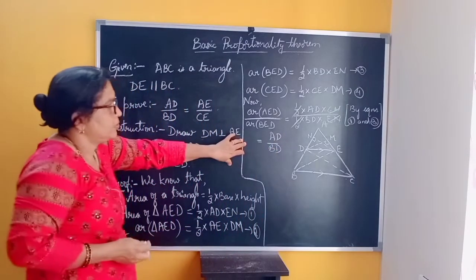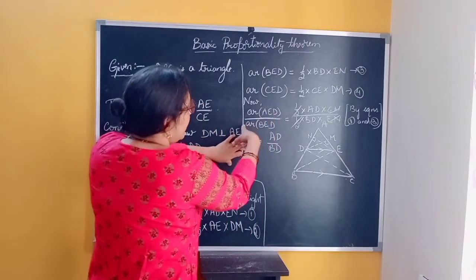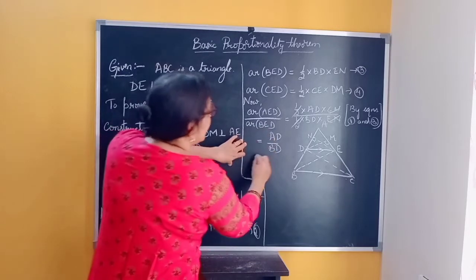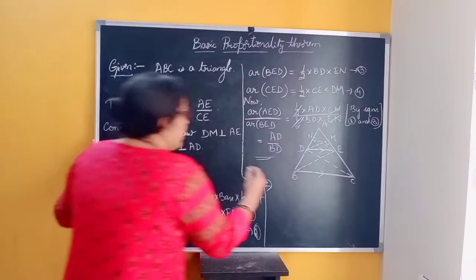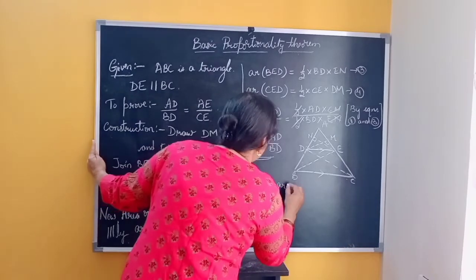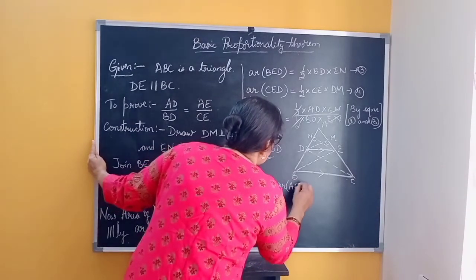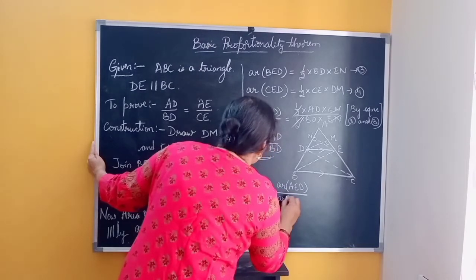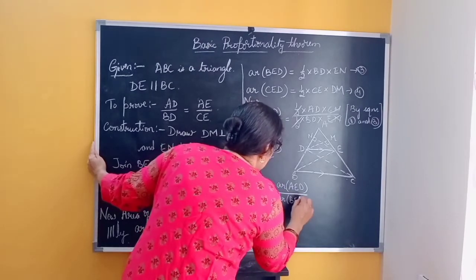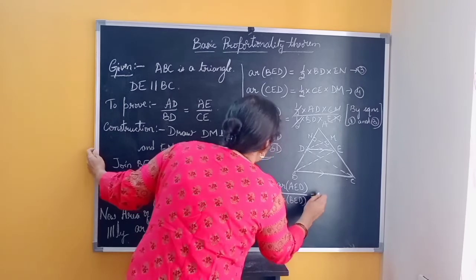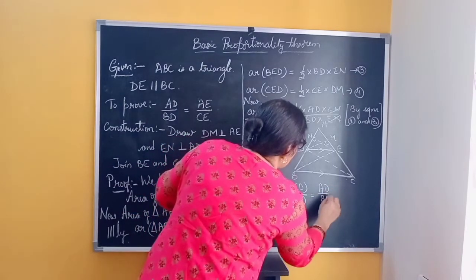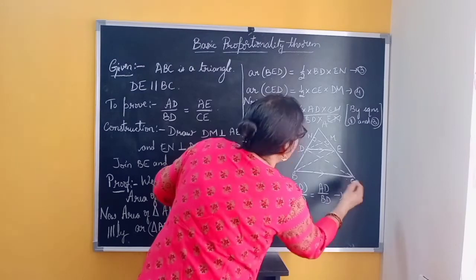So area of AED by area of BED is equal to AD by BD. We got equation 5.